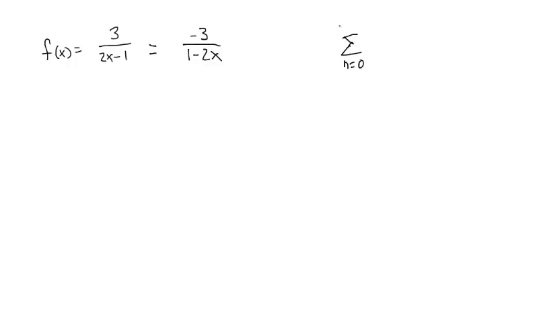The sum from n is equal to 0 to infinity of a times r raised to the n is equal to a divided by 1 minus r.